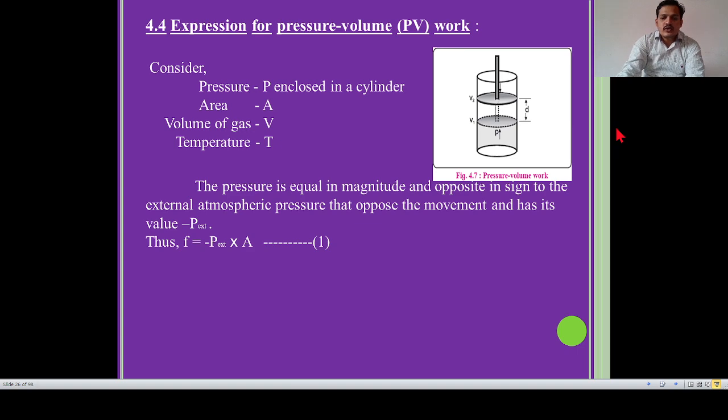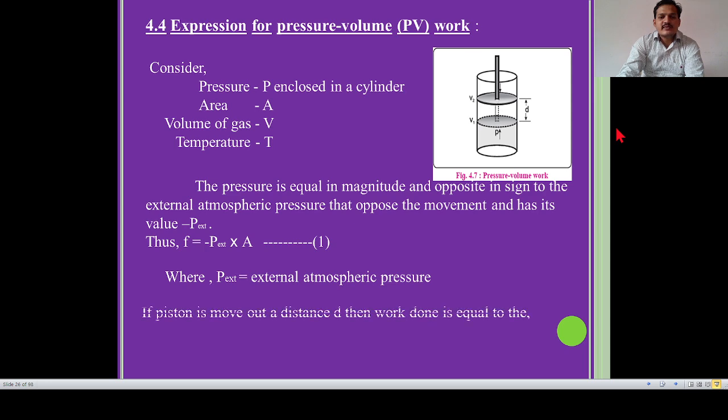So the force F is equal to, according to the definition, minus Pex into area, where Pex is the external atmospheric pressure. If the piston moves out a distance d, then the work done is W is equal to force into displacement.